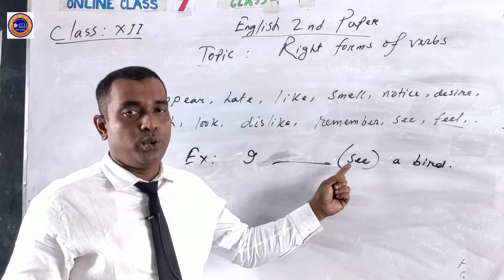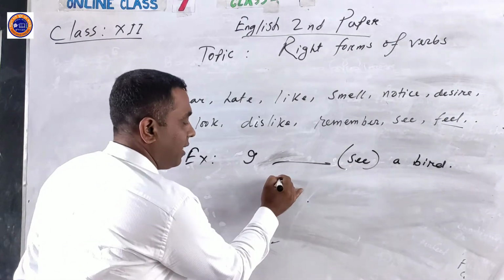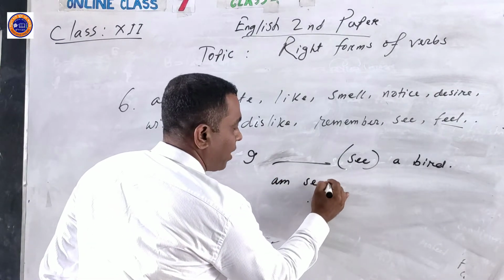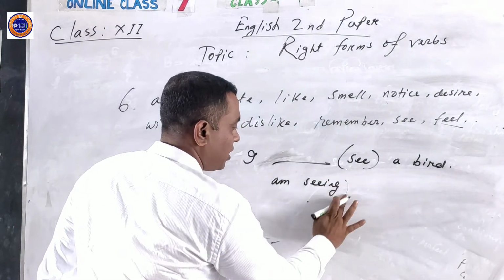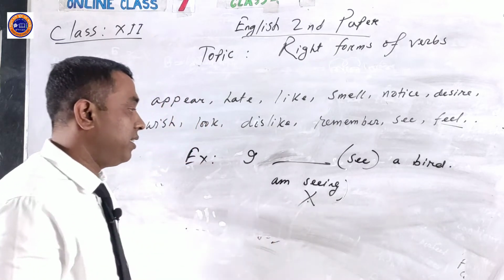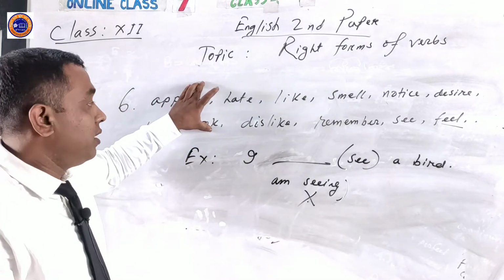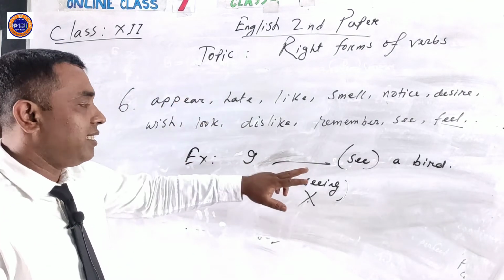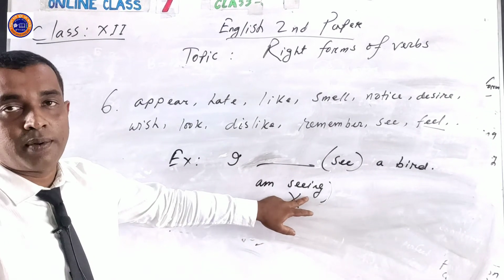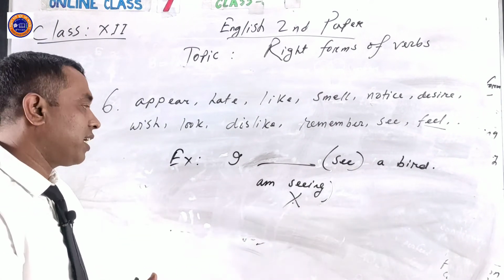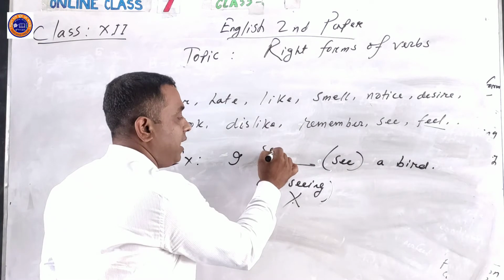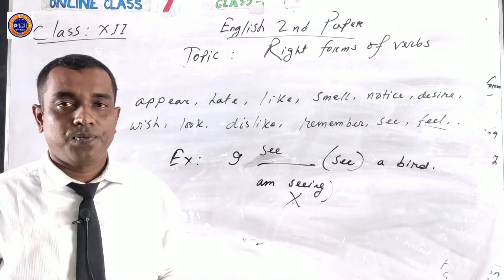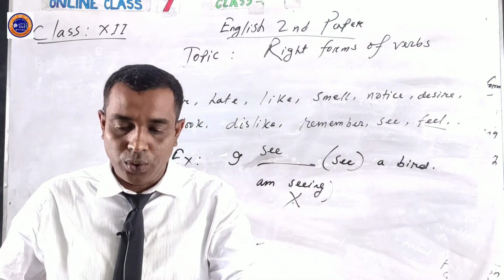So you cannot use it like that: I am seeing. This is incorrect. The rule is that if any of these words is present in a sentence, you cannot use the ing form of the verb. So the correct answer is see. I see a bird. I think you have understood this thing.